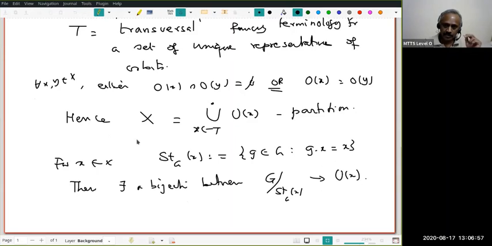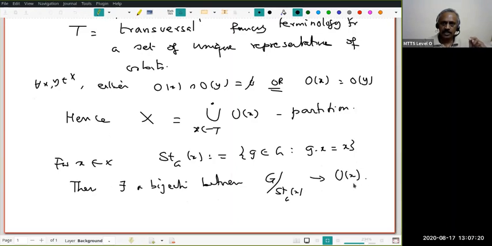Now, for that, we have done something easy. Fix any x in X. We have defined what is meant by the stabilizer subgroup of x, that is the set of all group elements which will leave x invariant or fixed, g dot x equals x. We have seen there is a bijection from the set G by the stabilizer to the orbit of x.